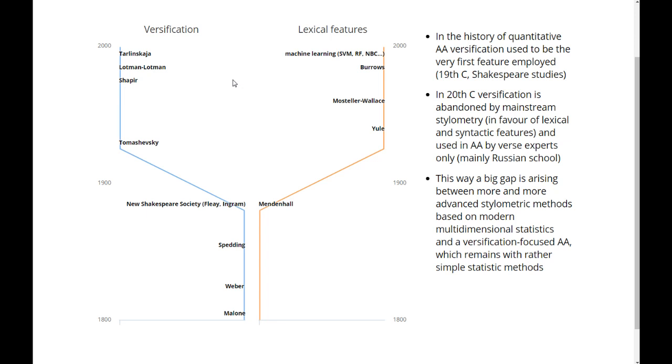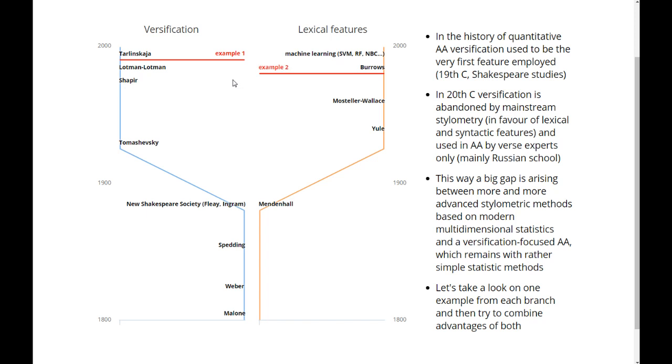Actually, the methods remain the same, as I will show, as in Mendenhall's case at the very beginning of the 20th century. So I will show you an example from Tarlinskaya of how she approaches Shakespeare authorship, and then the famous study of Burrows, where he proposed Burrows' Delta to compare the methods, and then we can take a look at how to combine these things.